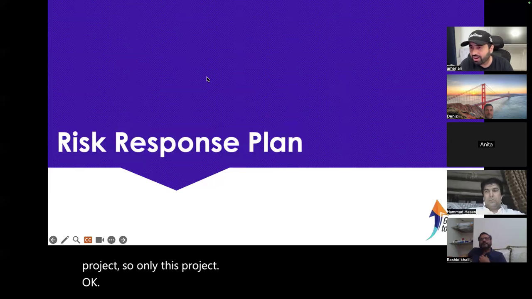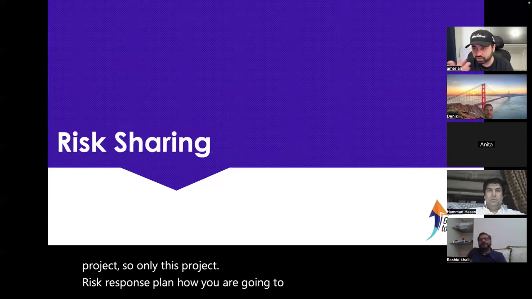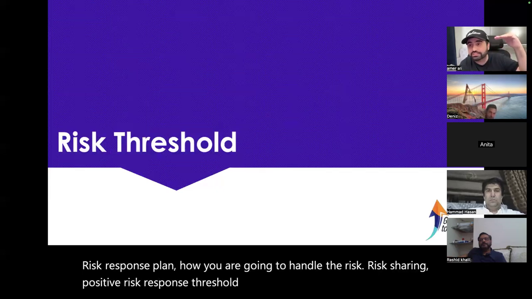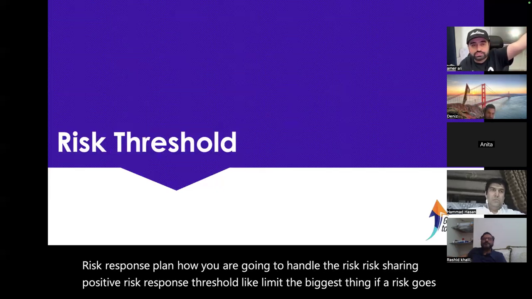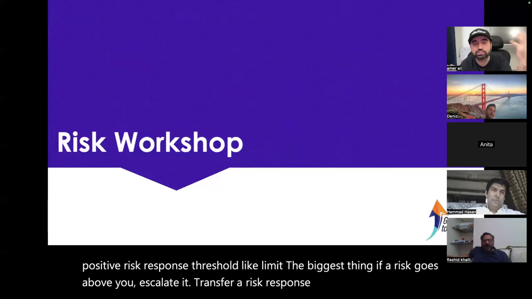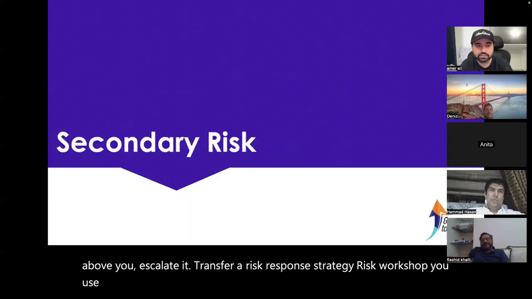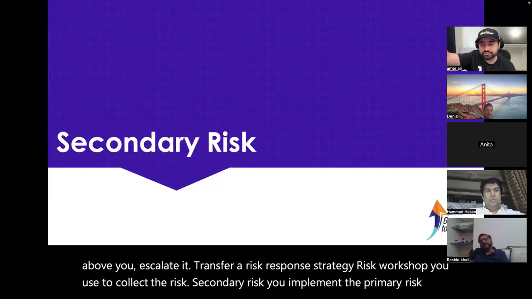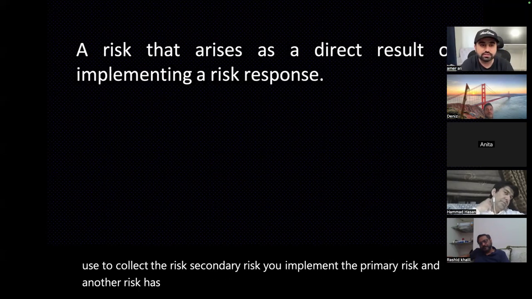Risk response plan, how you are going to handle the risk. Sharing, a positive risk response. Threshold, like a limit, the biggest thing. If a risk goes above it, you escalate it. Transfer, a risk response strategy. Risk workshop, you use to collect the risks. Secondary risk, you implement the primary risk response, and another risk is identified, the secondary risk.